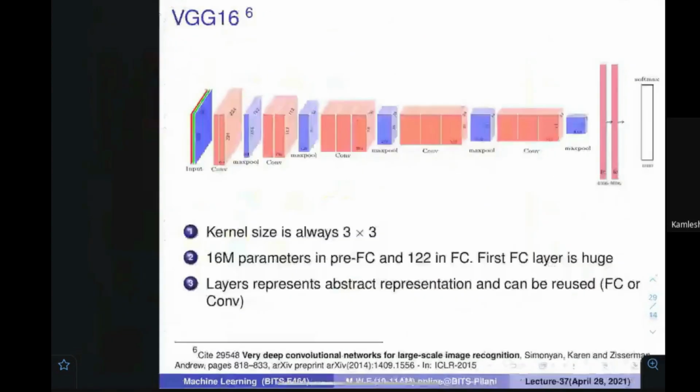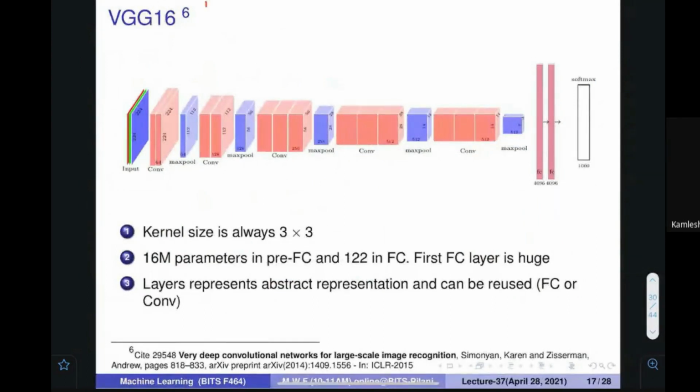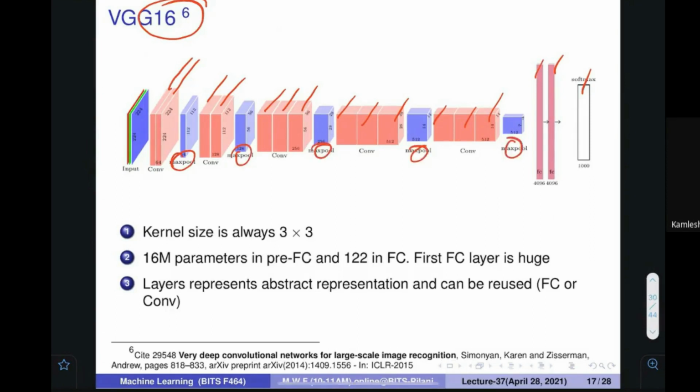The next idea was: why not increase the number of layers? So VGG16 came, which has 16 layers: 1, 2, 3, 4, 5, 6, 7, 8, 9, 10, 11, 12, 13, 14, 15, 16. We have the 16 layers that it has. Max pool we don't count as a layer, because it doesn't have a trainable parameter.